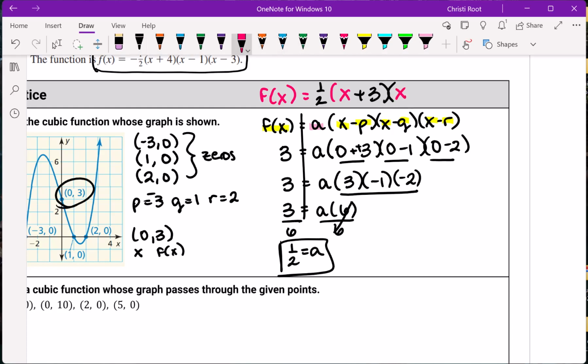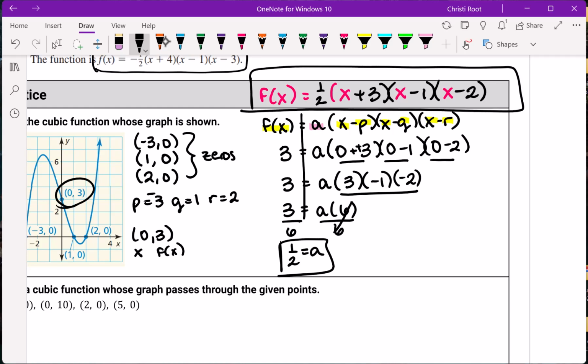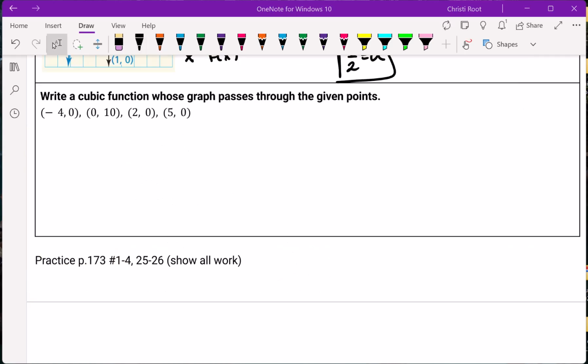And then x minus 1, and then x minus 2. You see how I left it f of x and x. That's your final form.